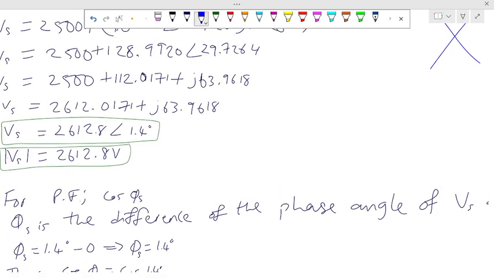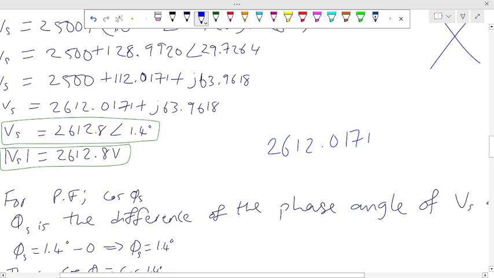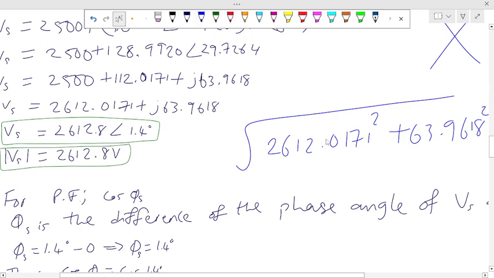So we take this 2612.0171 squared plus the imaginary part 63.9618 squared, and if you do this, you get this number exactly. That will give you the magnitude.